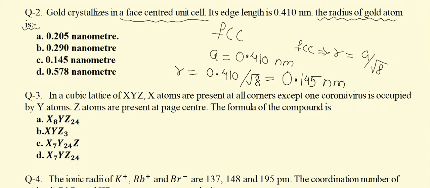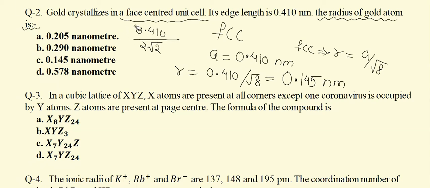Or I can make it easier for you here: 0.410 divided by 2 root 2. I can write it like this. Divide by 2 from here, and after that 1.414 will be left, so the remaining thing must be divided by 1.414, and the result will be 0.145 nanometers. Okay, so this is our answer.